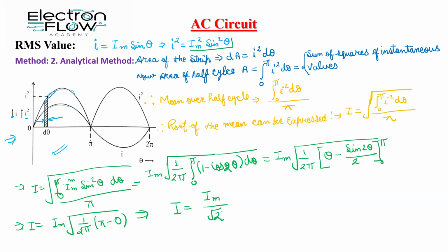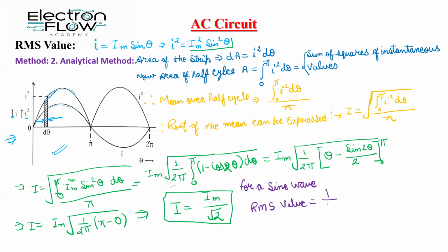This analytical method we have done for the sine wave. So we can say that for a sine wave, the RMS value is equal to 1 upon root 2 of the maximum value.